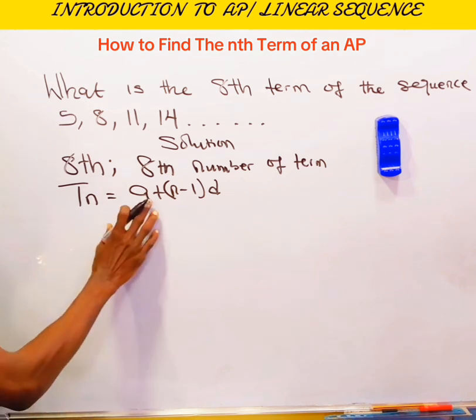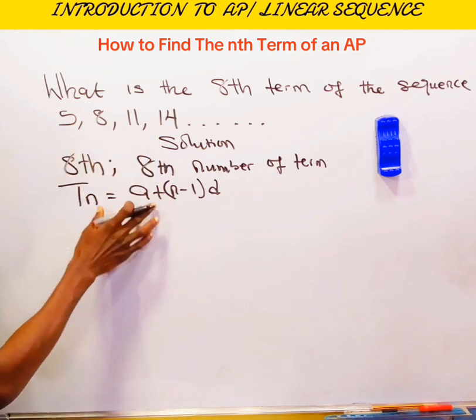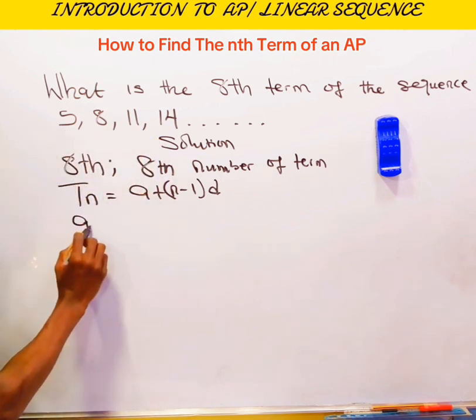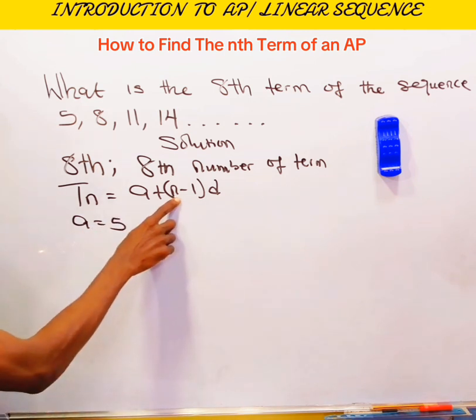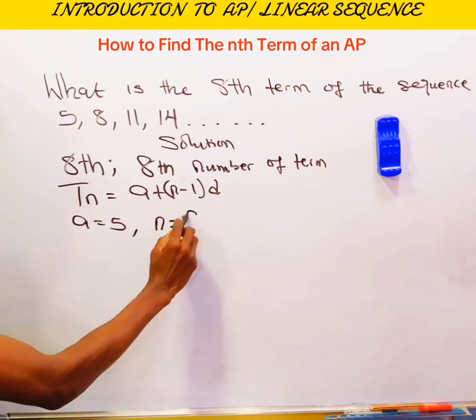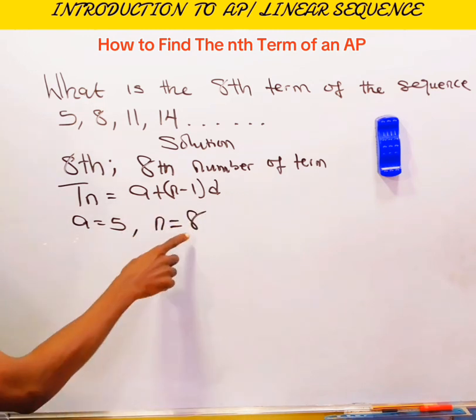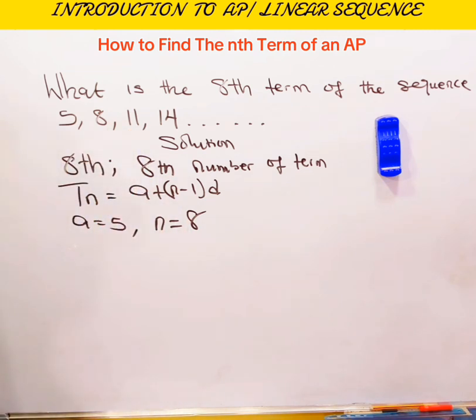Therefore, to solve this, let's find our A. Our A from this sequence is 5 because A is the first term. So A is equal to 5. What is our n? N is equal to 8 because we are looking for the eighth term.